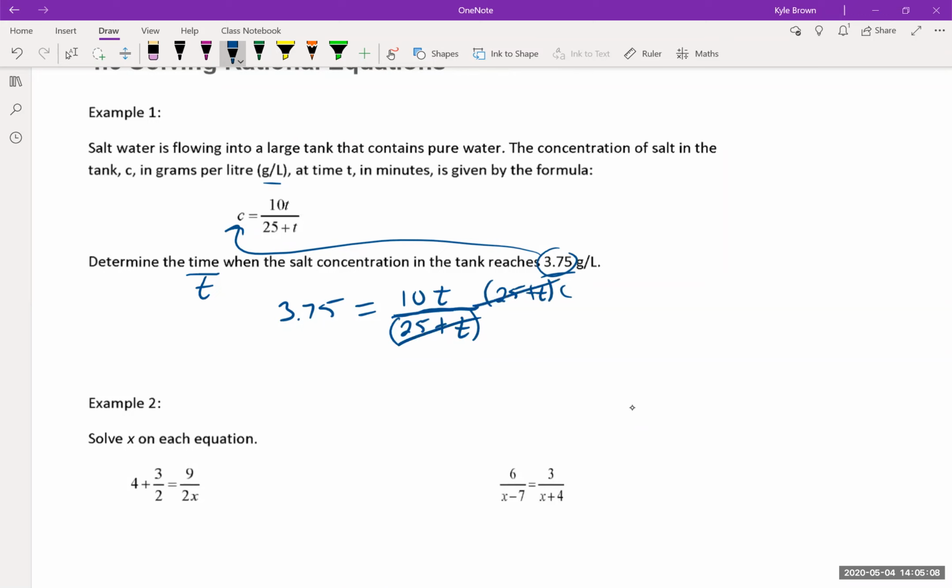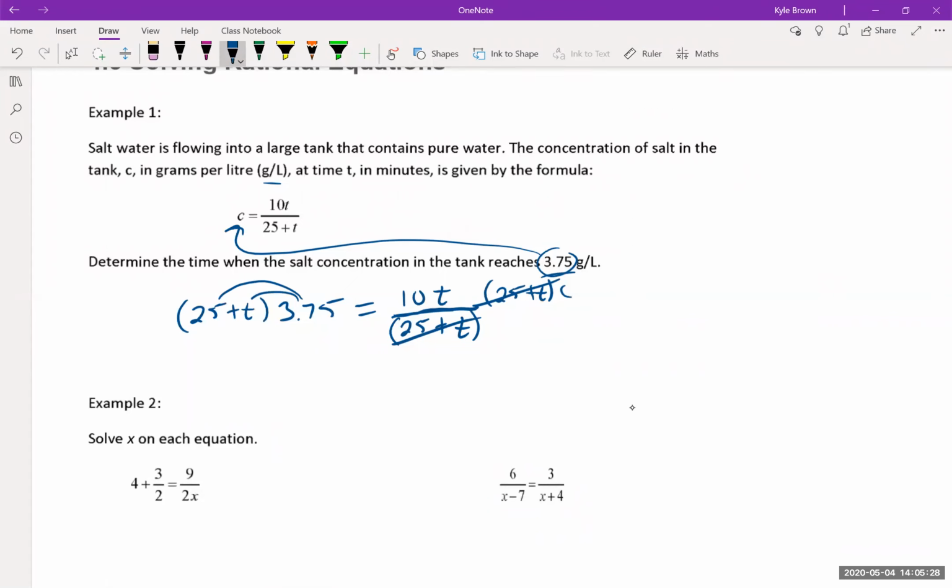They'd cancel on that side, and on this side you'd have 25 plus t, still in brackets. Now I know it's annoying because you've got a decimal there, but we would distribute and get rid of those brackets.